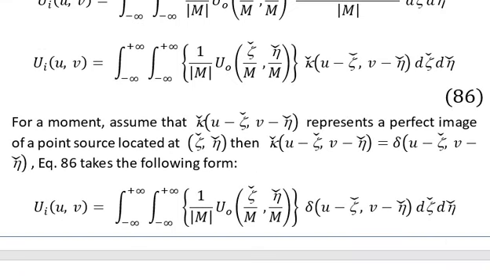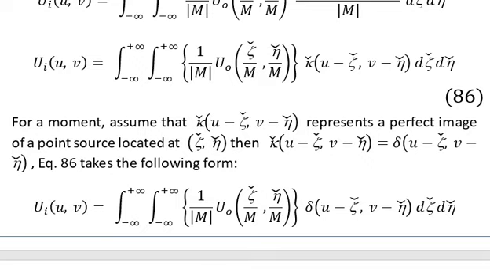For the moment, assume that κ̂ of u minus ζ̂ comma v minus η̂ represents a perfect image of a point source located at ζ̂ comma η̂. Then if it is a perfect image, we can set it equal to delta. So κ has been set equal to delta of u minus ζ̂ comma v minus η̂ in equation number 86.